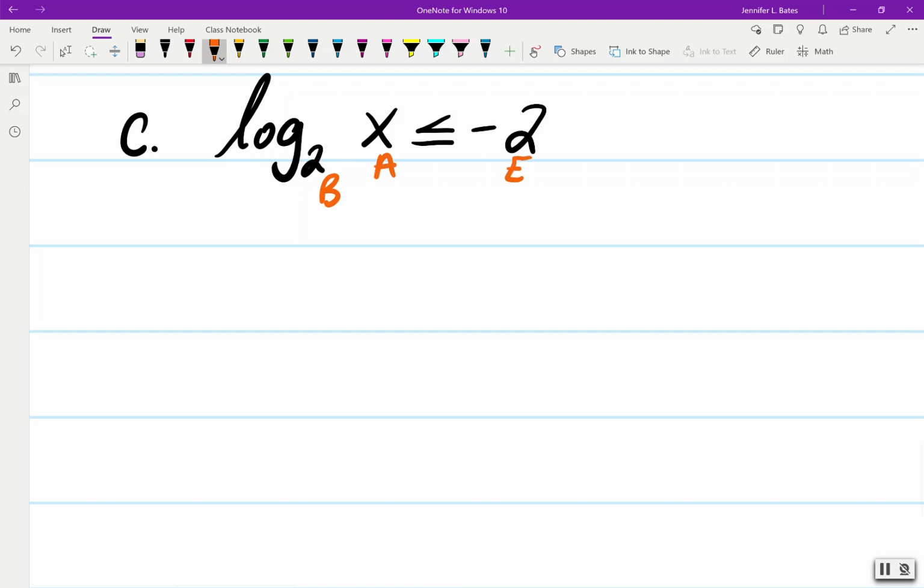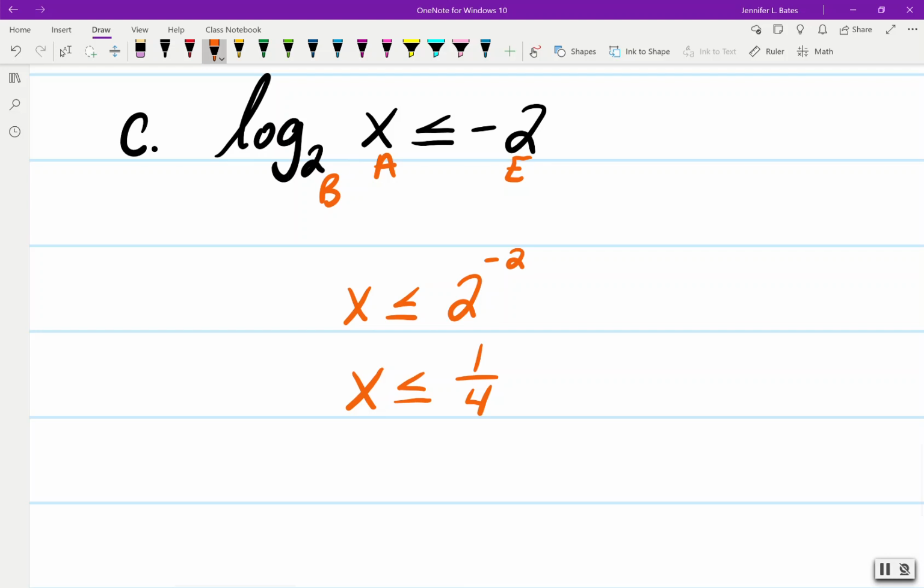When I switch forms, I have a base raised to an exponent equal to an answer. So when I put that answer over on the left, I get to drop down the inequality sign. So this is really x is less than or equal to 1/4.